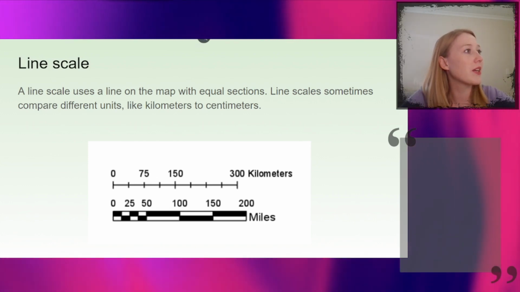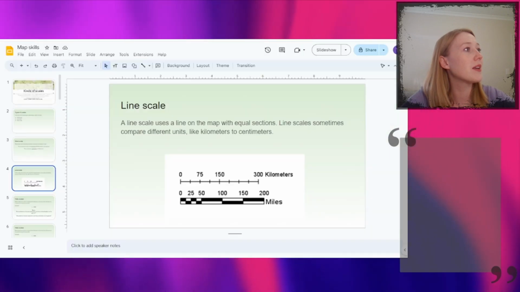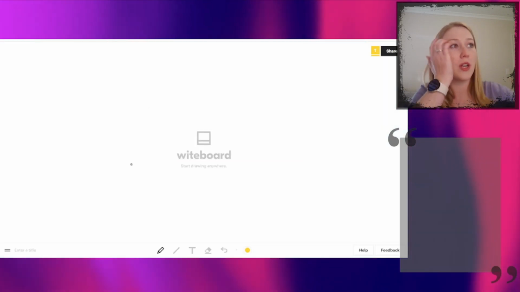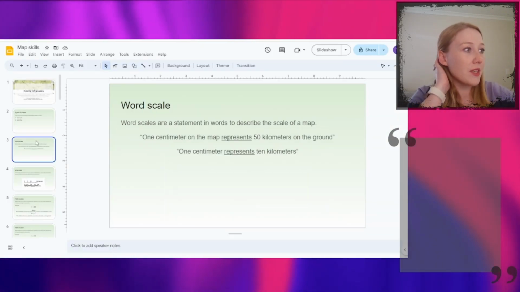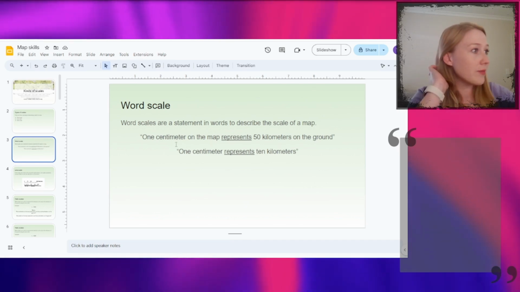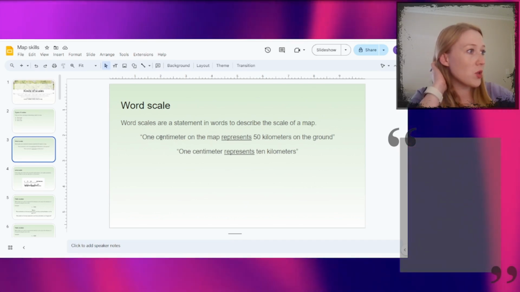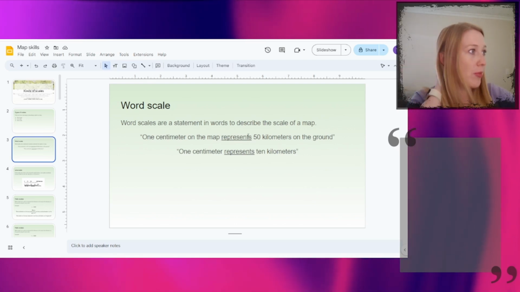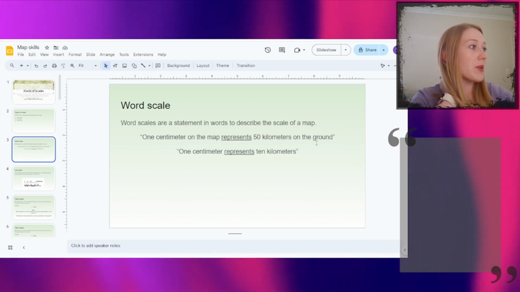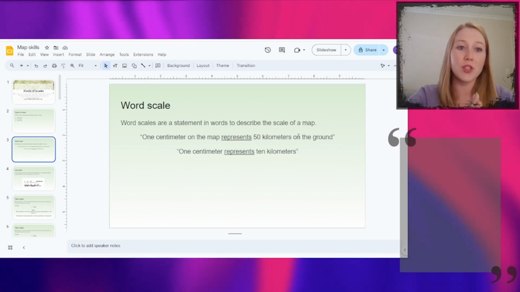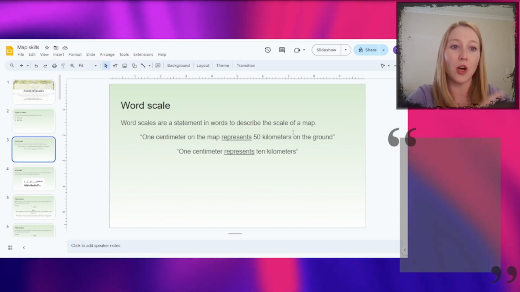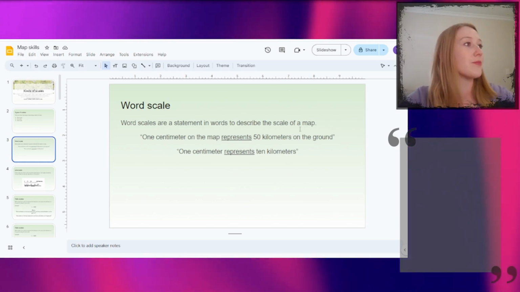Let's see if we can draw an example. So let's take this word scale over here, where it has 1 centimeter on the map represents 50 kilometers on the ground. I want to make a line scale of that word scale.